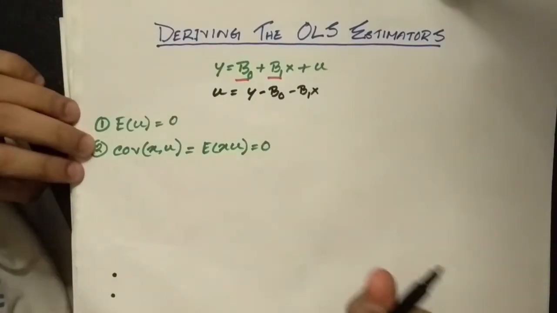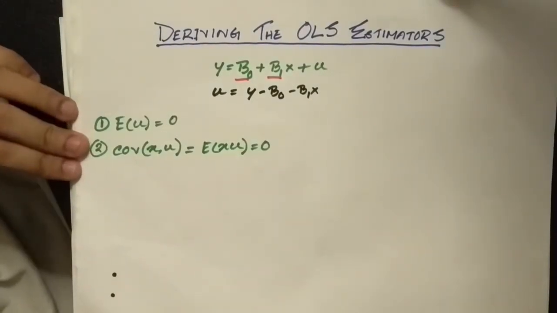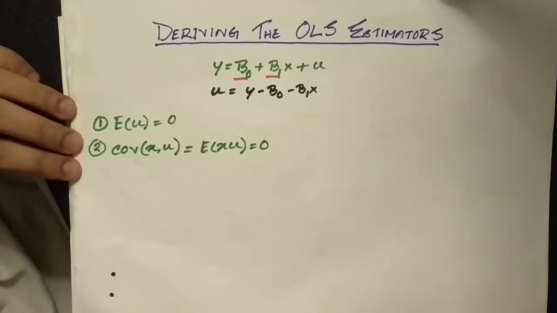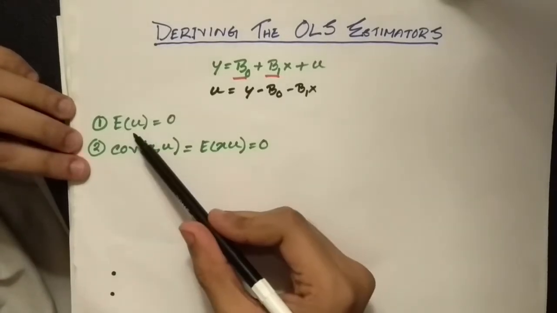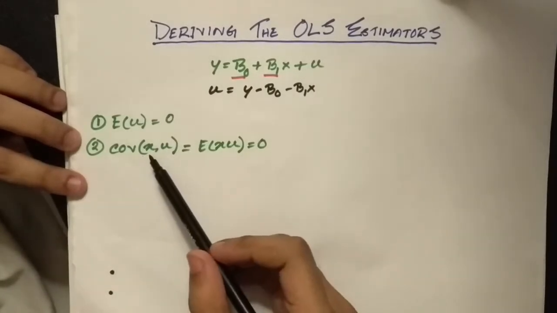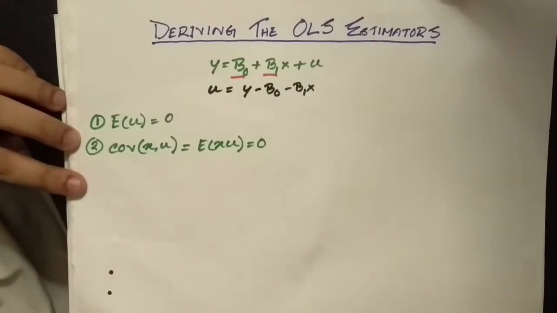Before we derive the OLS estimators, we need to know two assumptions: the expected value of u equals 0, and the covariance between x and u is 0.